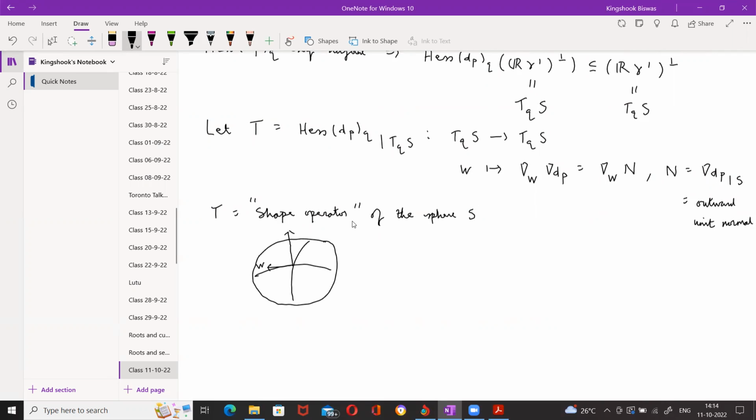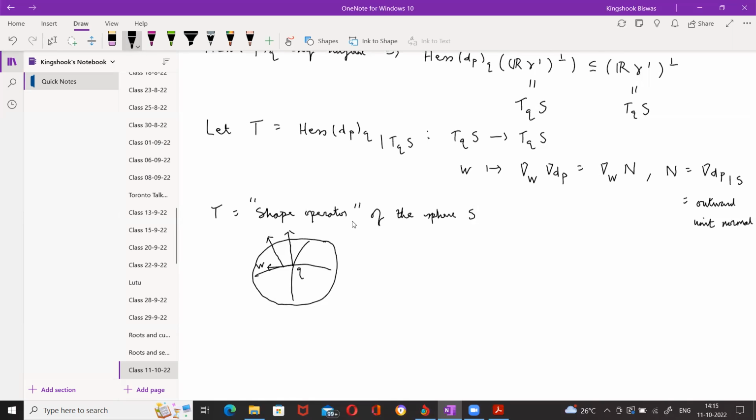Then what is this covariant derivative, nabla sub W of n? It means, let's say this is a curve in the sphere which is tangent to W at the point Q. Then you look at the normal vector along this curve and look at its covariant derivative.